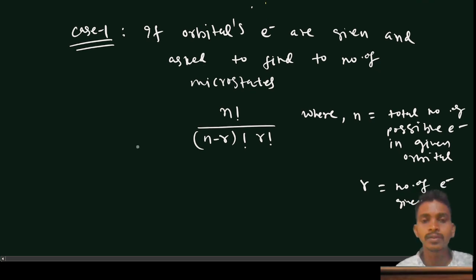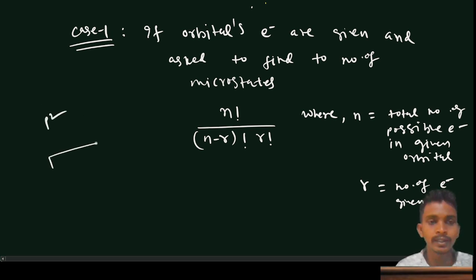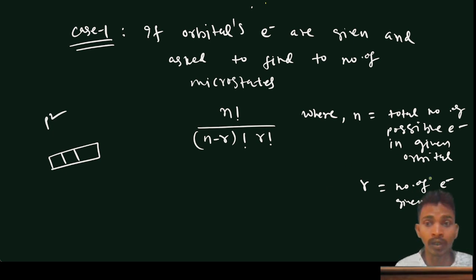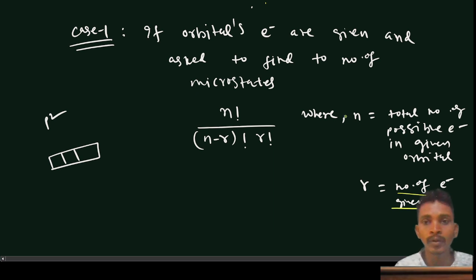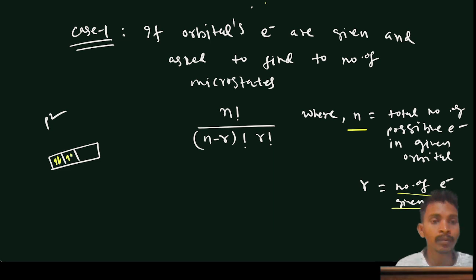So let's say for p2, here we see these are p orbitals. The total number of electrons possible for the p orbitals, n, is 6, meaning all orbitals fully filled: 1 2 3 4 5 6. So here n is equal to 6.